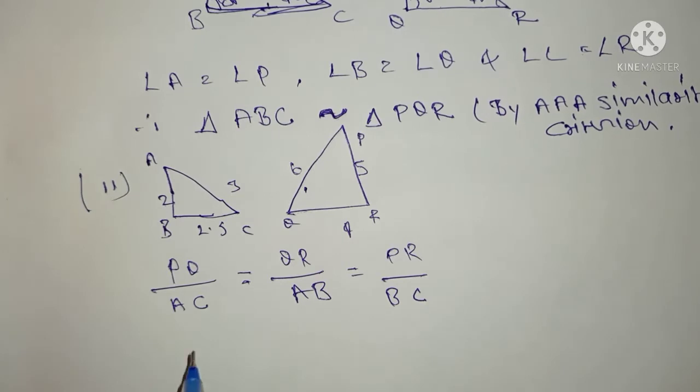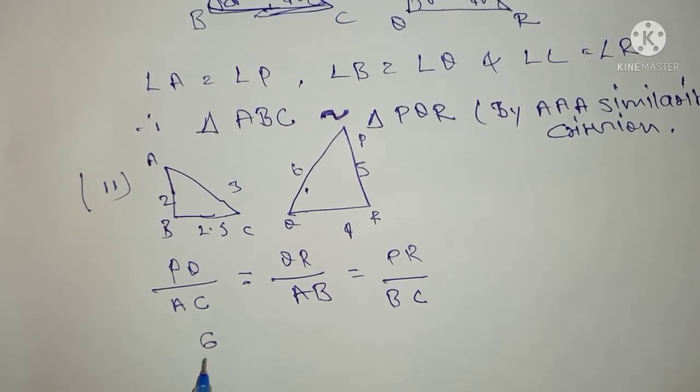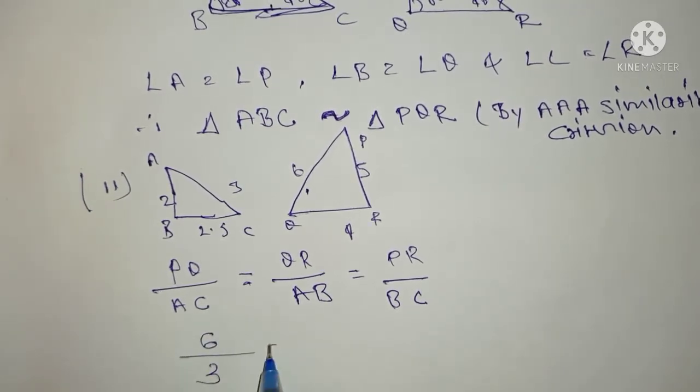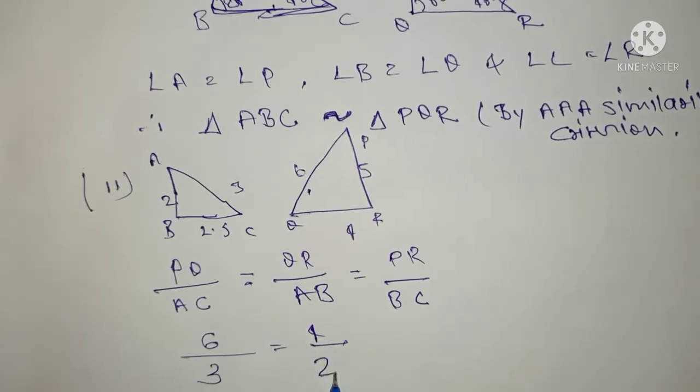Why? Because PQ is 6, AC is 3, QR is 4, AB is 2, PR is 5, and BC is 2.5.